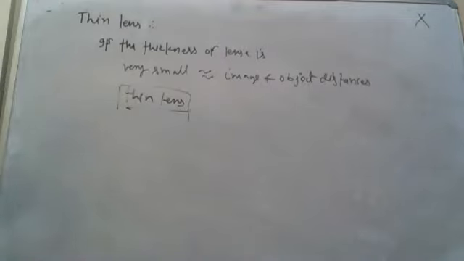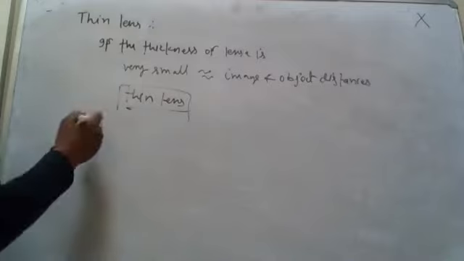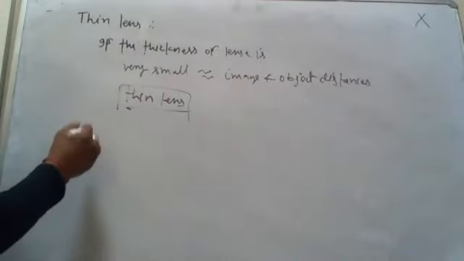In this case, a lens may have non-spherical reflecting surfaces. Like earlier we discussed the spherical reflecting surfaces, that is the convex and concave, but a lens may have non-spherical reflecting surfaces.